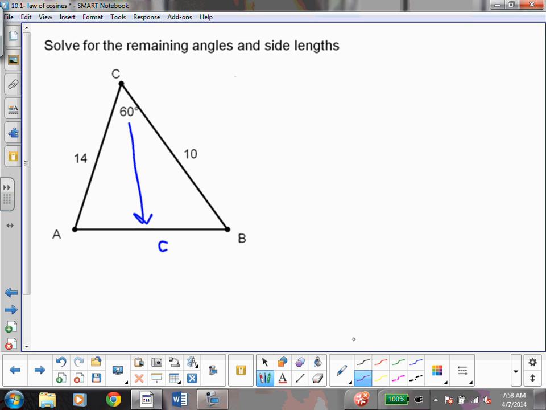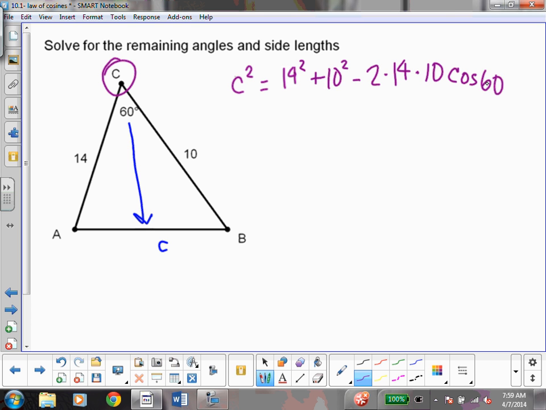Since I want to find side C, C is going to be on the side by itself. And then I continue to follow the formula, 14 squared plus 10 squared minus 2 times 14 times 10 times the cosine of angle C, which is 60.